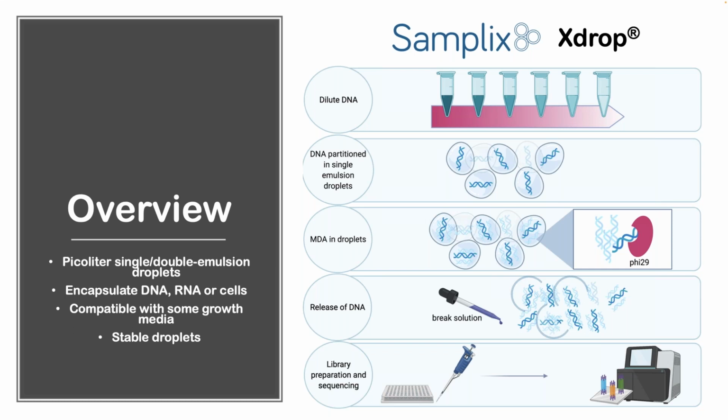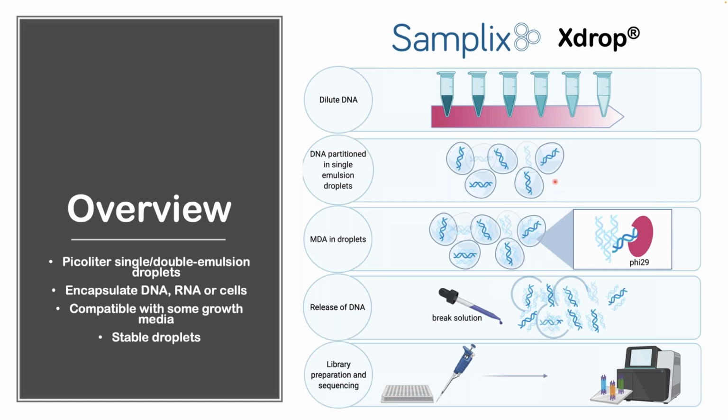With its ability to generate picoliter-sized single or double emulsion droplets, the Xdrop system offers versatile encapsulation of biological molecules like DNA, RNA, or even cells. The system is also compatible with various types of growth media. The droplets produced are quite stable, even under conditions typically found in a PCR reaction.